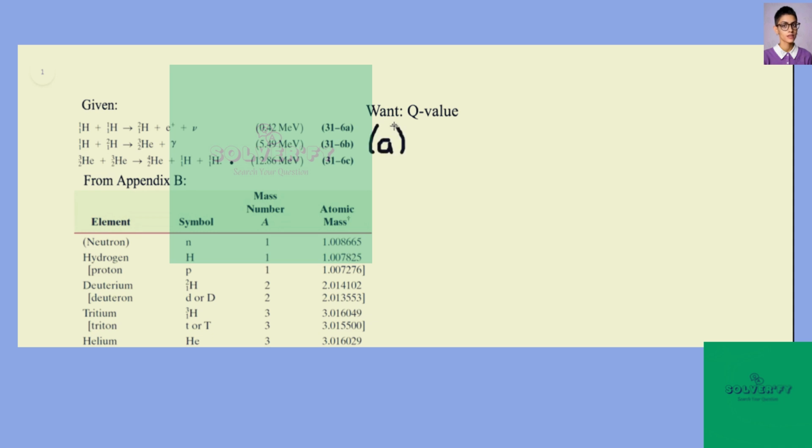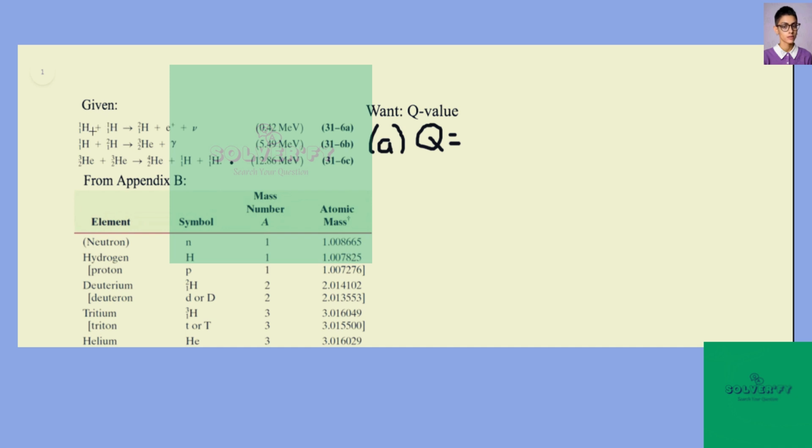Write the Q value for A. So we're going to do the energy associated with the masses on the left side minus those on the right side.